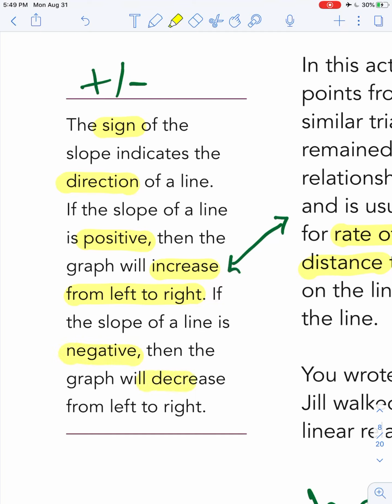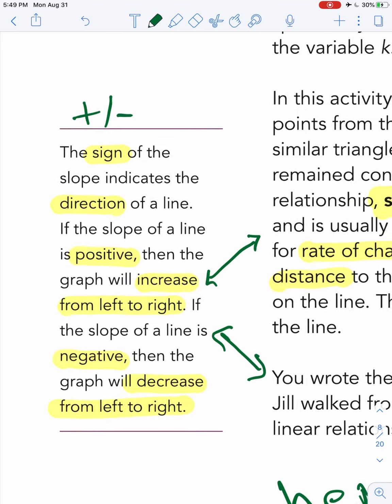If it is negative, it will decrease from left to right. Another way to say that is it would be positive if as the x's are getting bigger, the y's are getting bigger. If it's negative, as the x's get bigger, the y's actually get smaller.